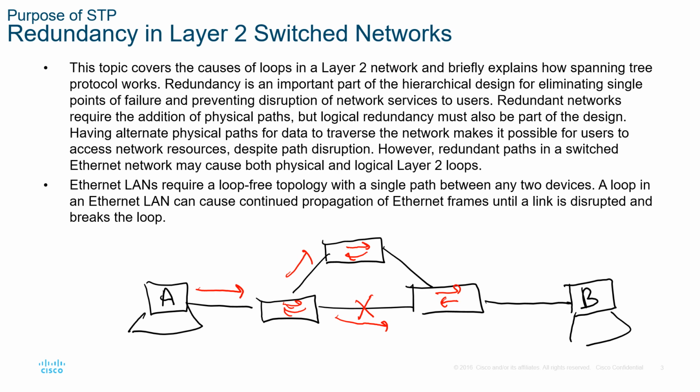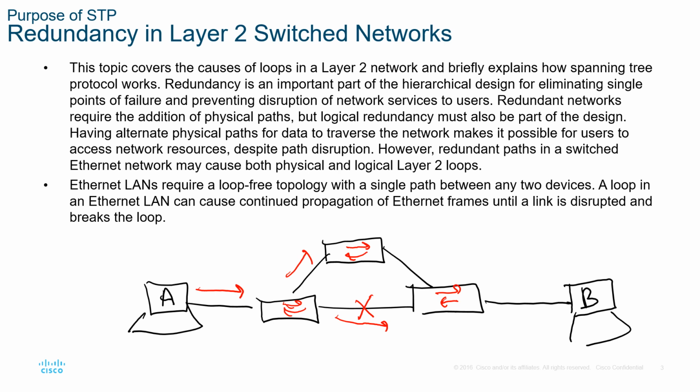So what do we mean by loops? A loop means that frames loop for an indefinite period of time in an Ethernet network with physically redundant links.